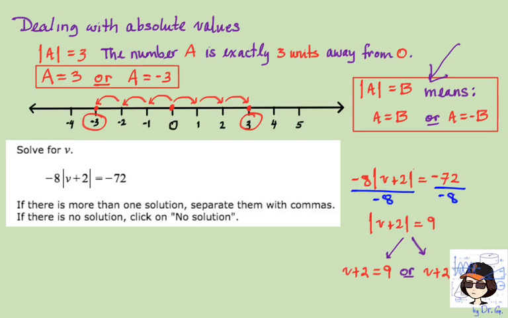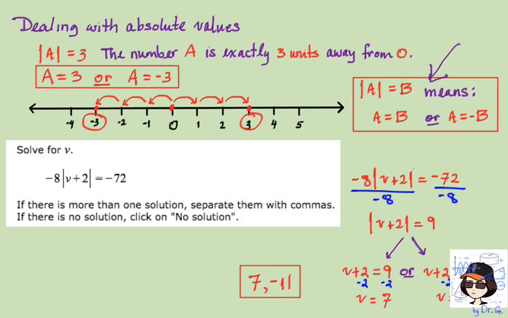The one on the left, to get rid of that 2, I subtract 2 from both sides, and I get v is equal to 7. The other equation, I subtract 2 from both sides, and I get v is equal to -11. So I have two possibilities. And when I put them in ALEKS, I'm going to separate them with a comma.